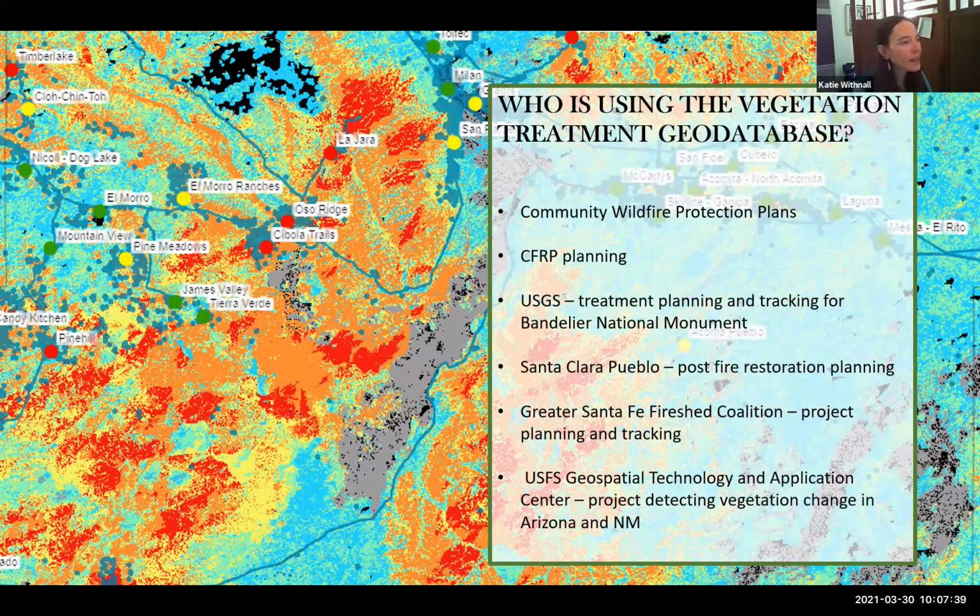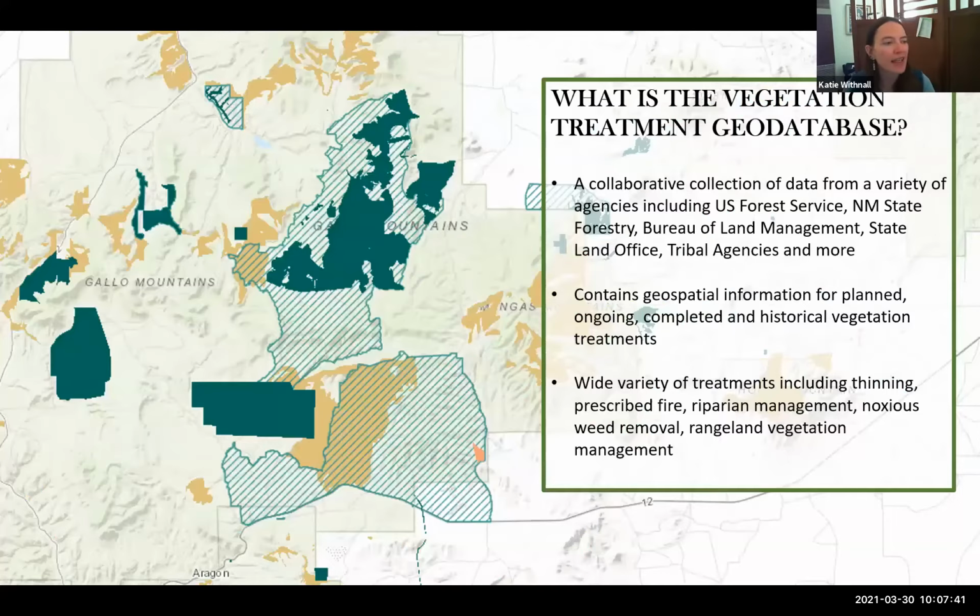So what exactly is it? It is a collaborative collection of geospatial data from different agencies in New Mexico, including the Forest Service, BLM, State Forestry, and many others. It contains geospatial information for planned, in progress, completed, and historical vegetation treatment projects.